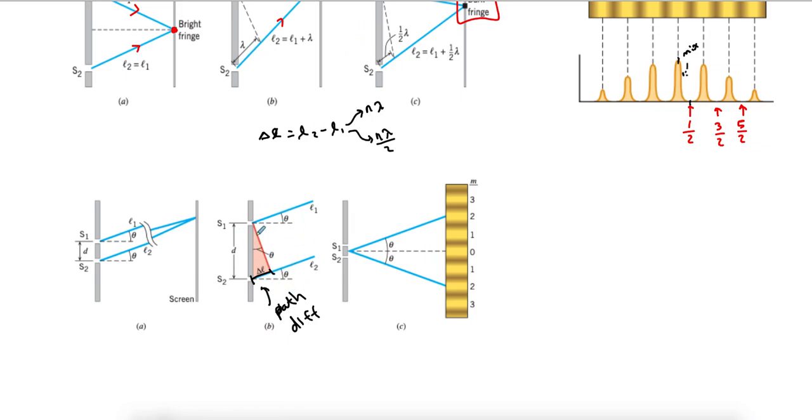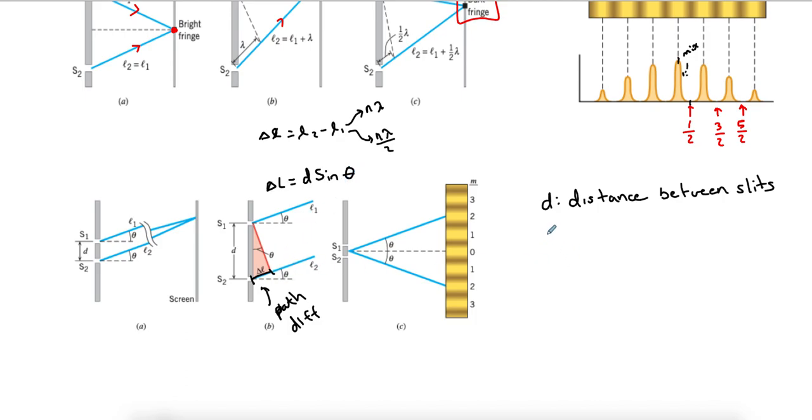Now, if we look at this, we can see that this distance, d, and d is the distance between the slits, okay, we should define that. Then this path difference, delta L, is just going to be d sine theta, right?